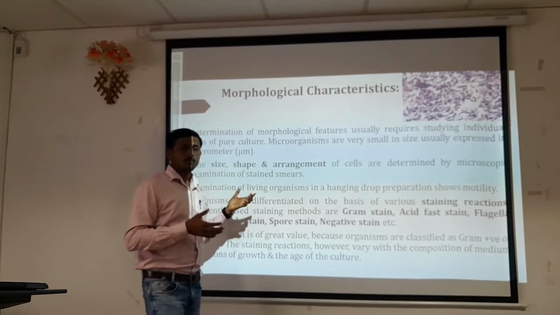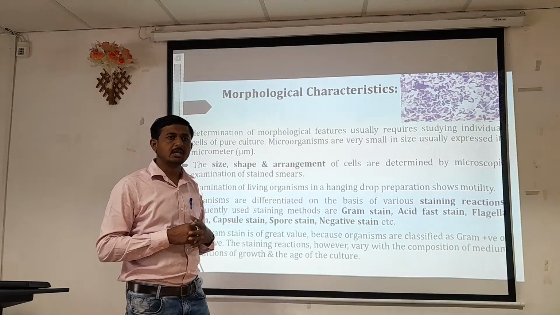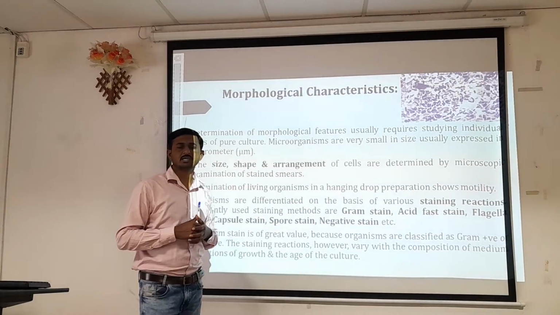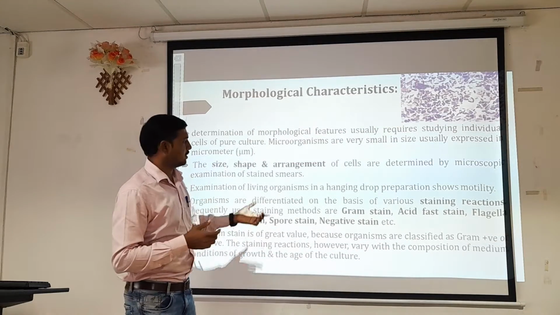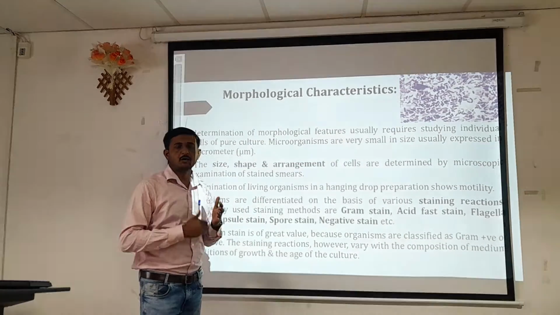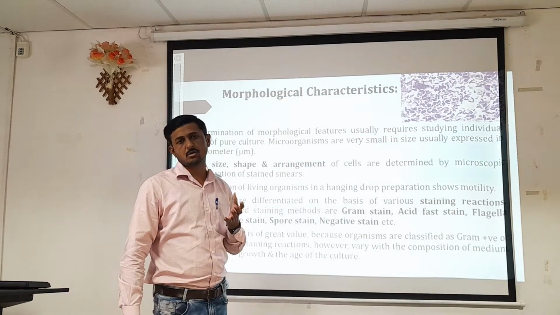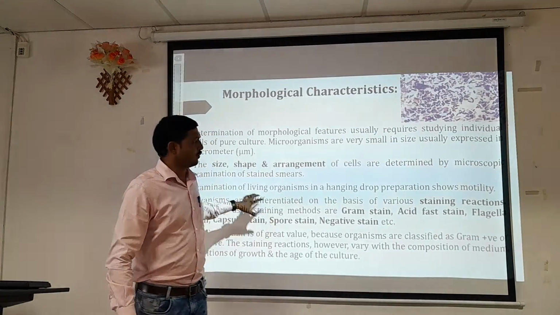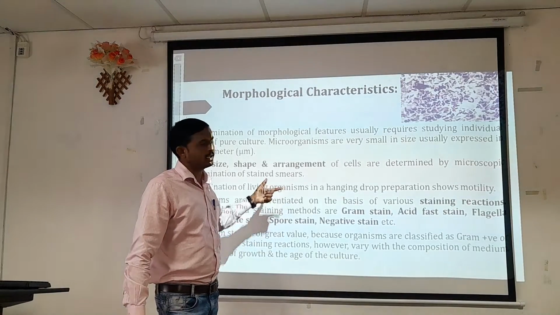Apart from that, in the last diagram we observed the flagella. With the help of flagella, organisms can show locomotion, the ability to move. To observe whether an organism is motile or non-motile, we have to follow a special procedure, that is the hanging drop method.